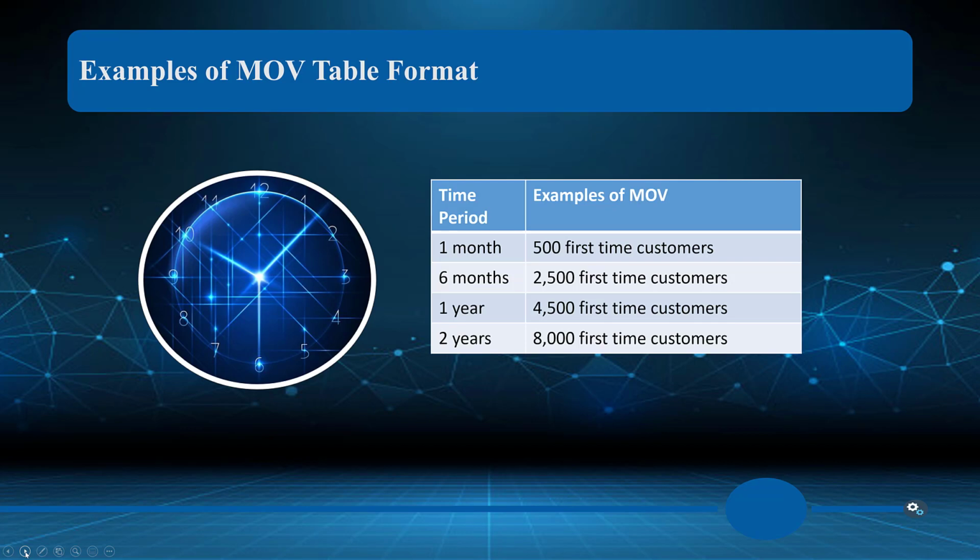So from a table format, if we look at this from a time period standpoint, if you notice, I've got examples of multiple MOVs based on time. If you notice, this isn't equal, I'll just use the word equal, and that in 1 month 500, which means technically in 6 months we'd be looking at 3,000.